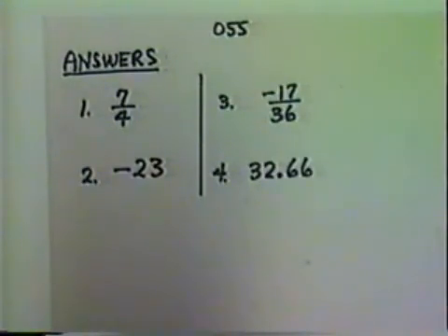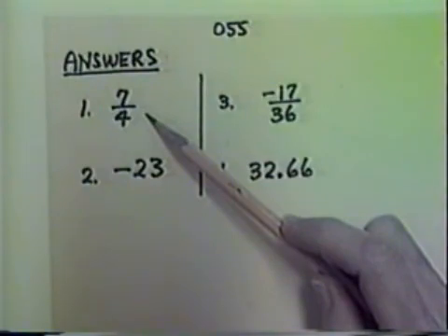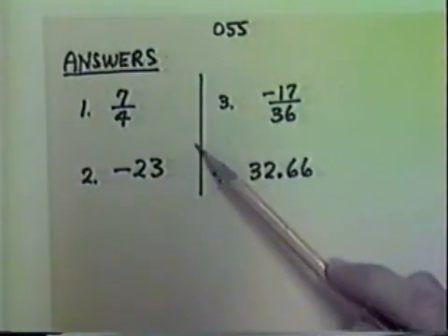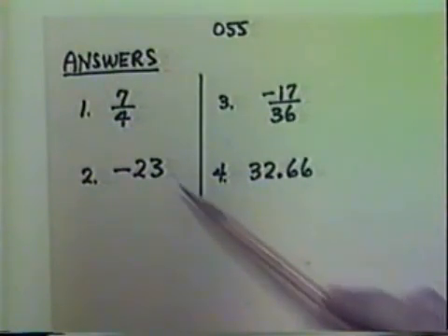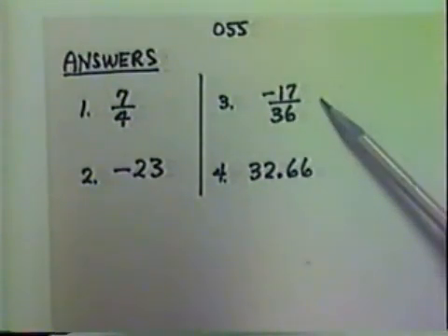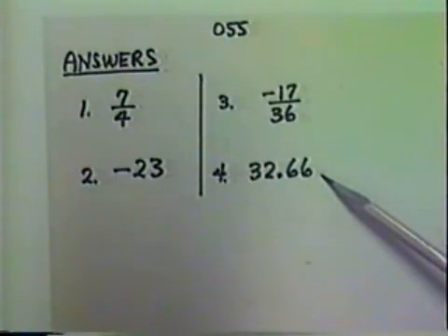Your answers should be, for number 1, 7/4, for number 2, negative 23, for number 3, negative 17 over 36, and for number 4, 32 66/100, 32.66.